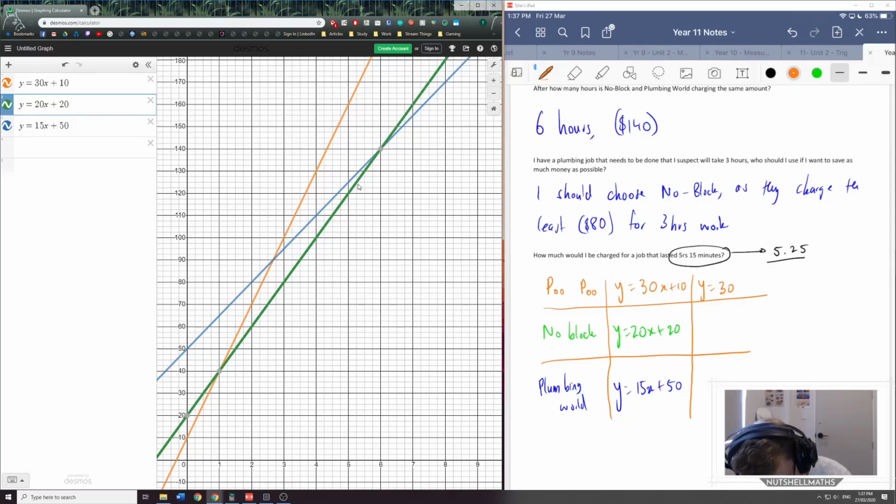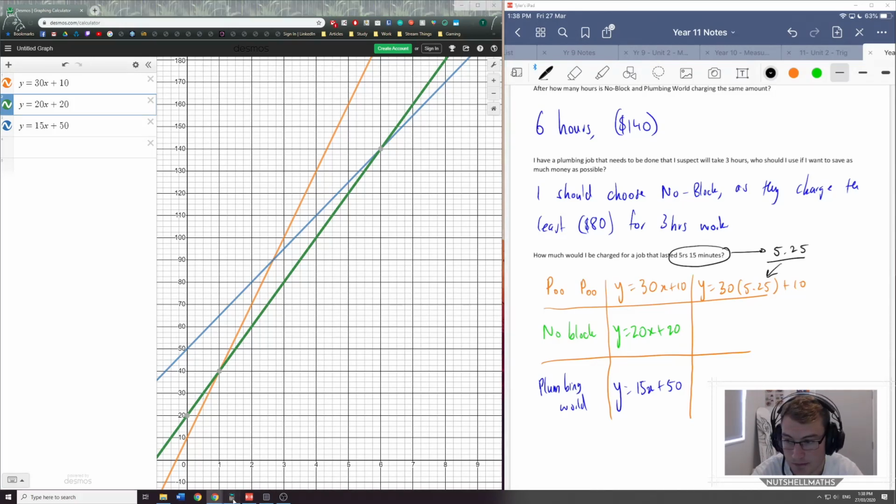We can also do this via what we call substitution, where I've substituted my value for the time in for x, because x on the x-axis represents time. So whatever value I substitute in here would represent the time, and whatever number I get out by doing the math would give me the cost associated.